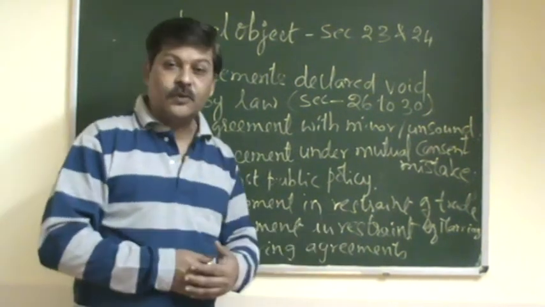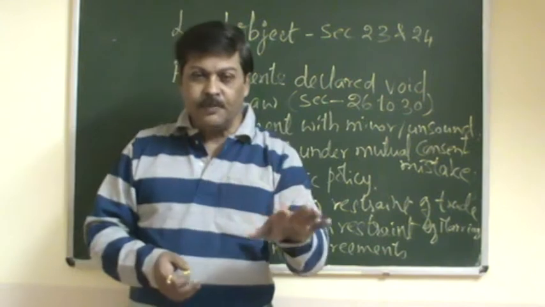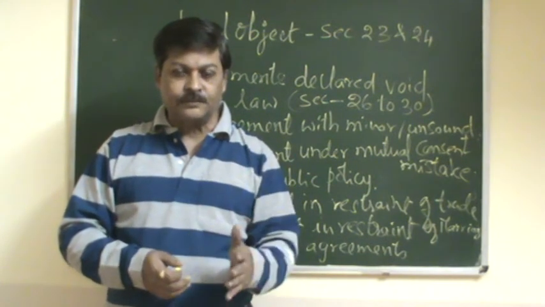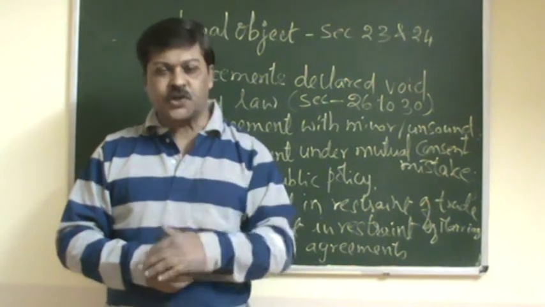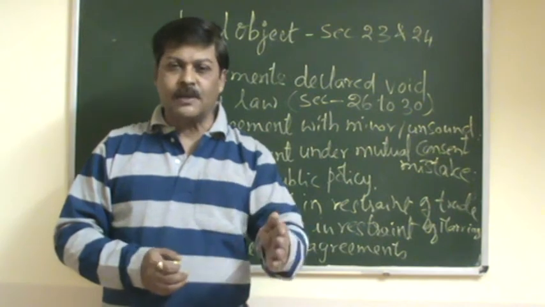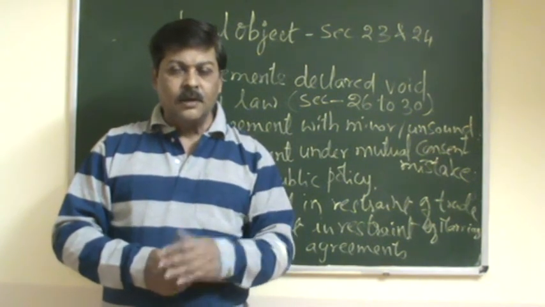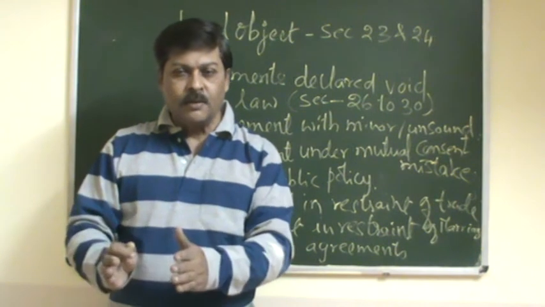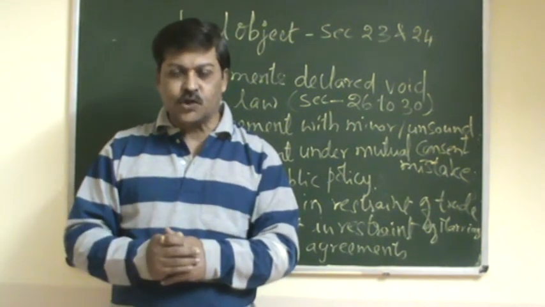Agreement in restraint of trade. You cannot prohibit any person from taking up a business or a profession. No restrictions can be put here. For example, X is working in Y's pharmaceutical or medicinal shop.